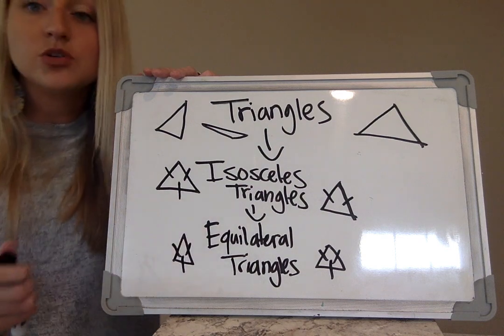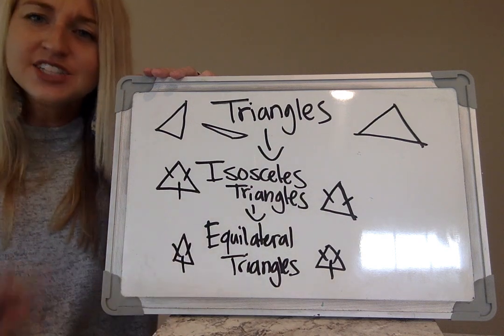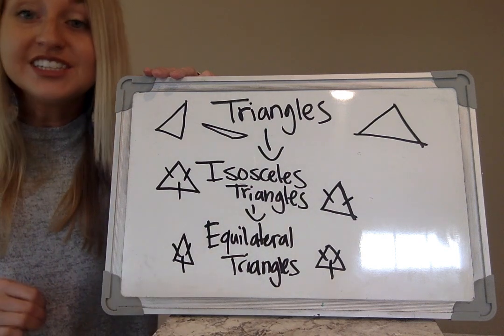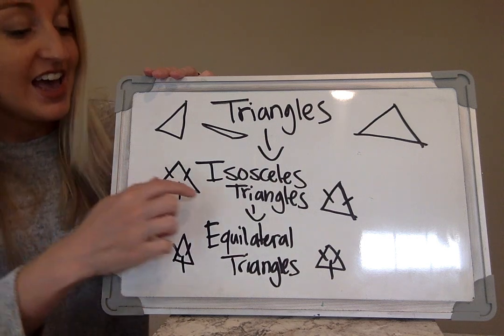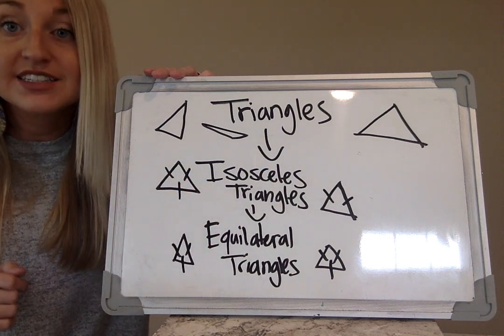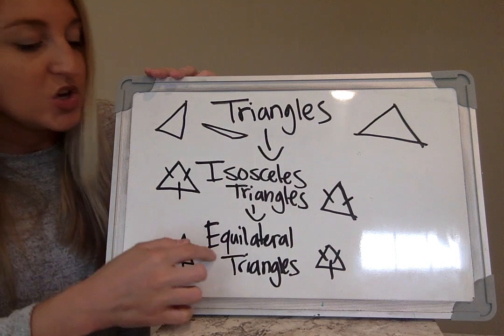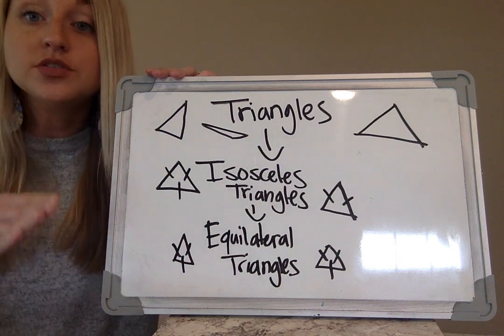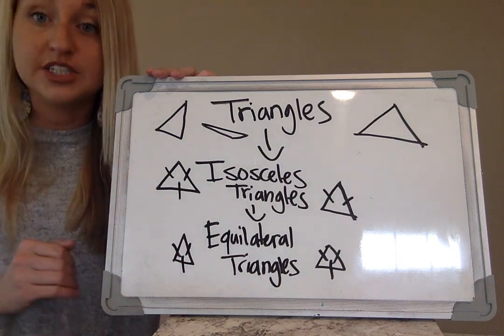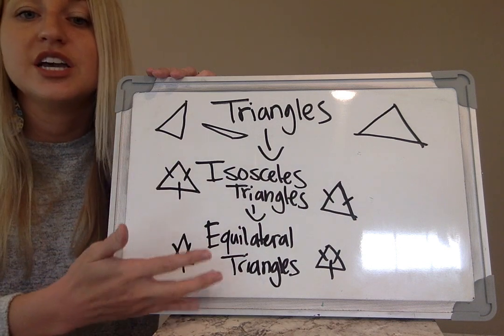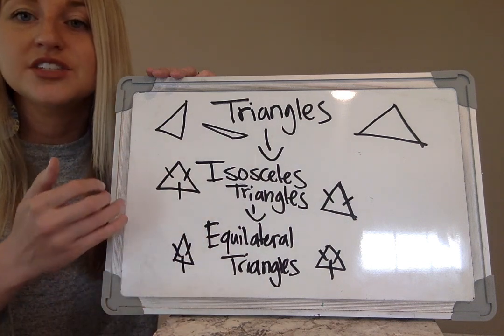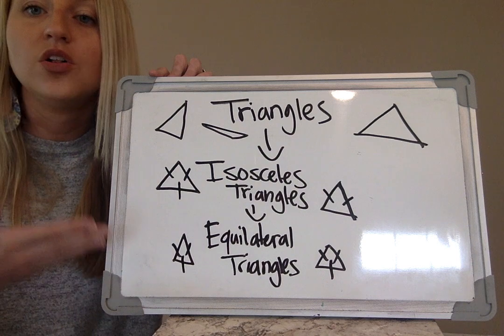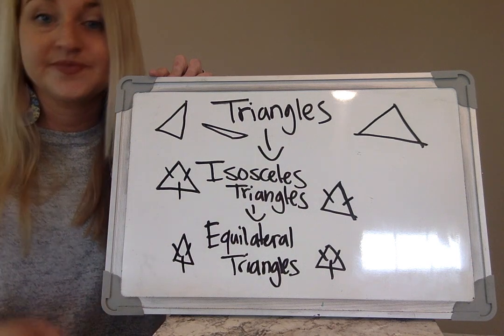Every equilateral triangle, if it has 3 equal sides, doesn't it at least have 2 equal sides? That's how an equilateral triangle is also an isosceles triangle. And of course, equilateral triangles, isosceles triangles, they're all triangles.